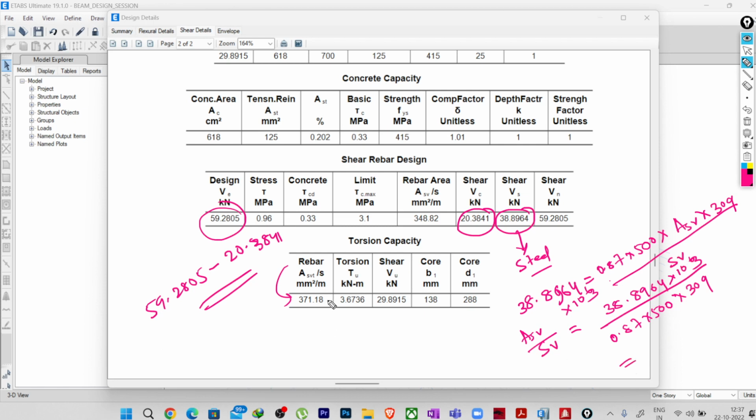Tell me whether the result is matching with this. 0.2893 you are getting.